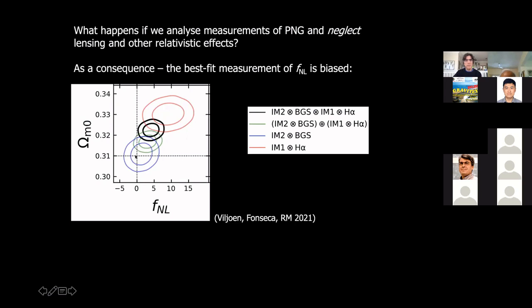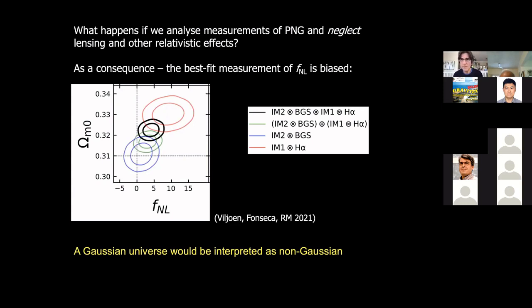So the bias on the best fit has become so large that in a Gaussian universe, which is the fiducial model here, by neglecting lensing and the other relativistic effects, we would deduce that we have a universe with f_NL of order 5. In other words, we would deduce that our Gaussian universe is actually non-Gaussian. That's quite a serious error to make.